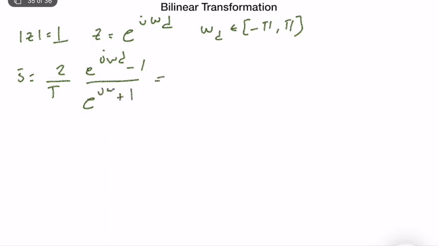If I simplify this expression, this is equal to j 2 over T sine omega d divided by 1 plus cosine omega d.